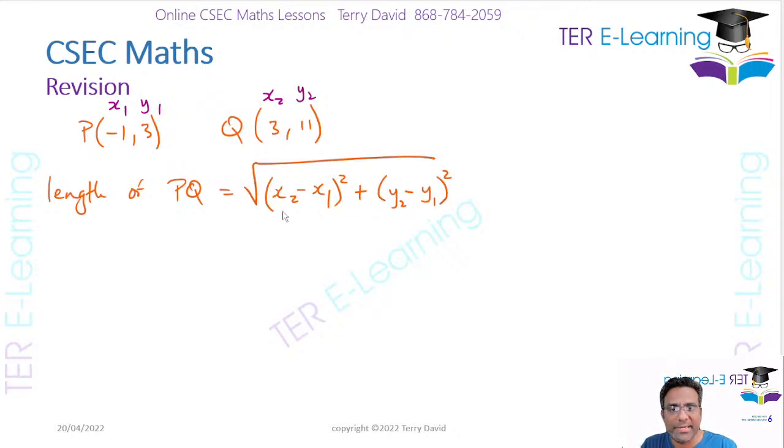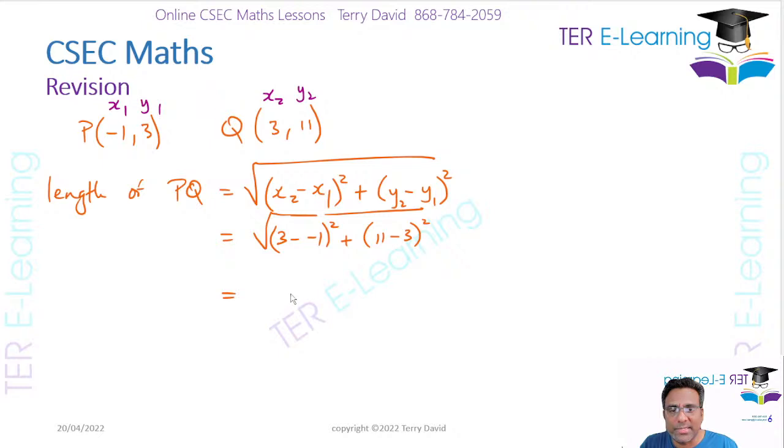Now that formula is actually based on Pythagoras' theorem. So x2 minus x1 is going to be 3 minus minus 1 squared, plus y2, which is 11, minus 3 squared, square root.